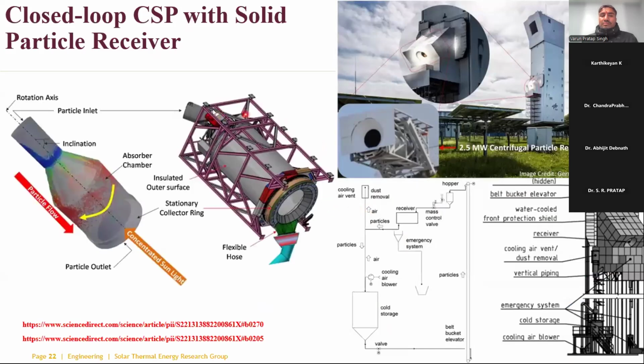So you can see here we have closed loop cycles. Those who are focusing on closed loop, this is another area of study, like a closed economy. My focus is on the CSP side of the receiver.